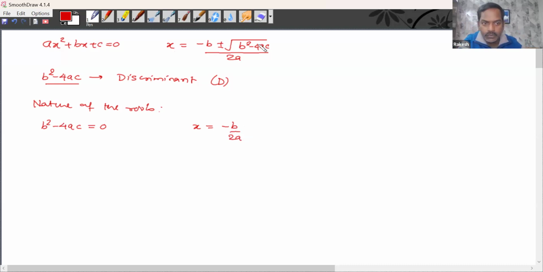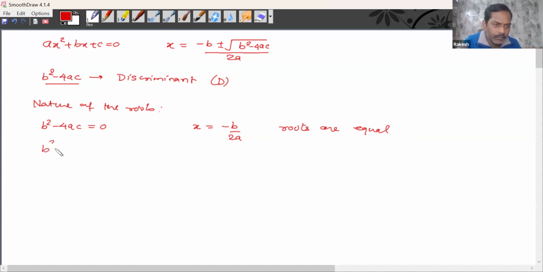When the discriminant is equal to 0, I'll be getting only one root, so we say that the roots are equal. In the previous video, I told you that actually it's one root, but mathematically we say two roots, and both roots are the same. That's the meaning of roots are equal.